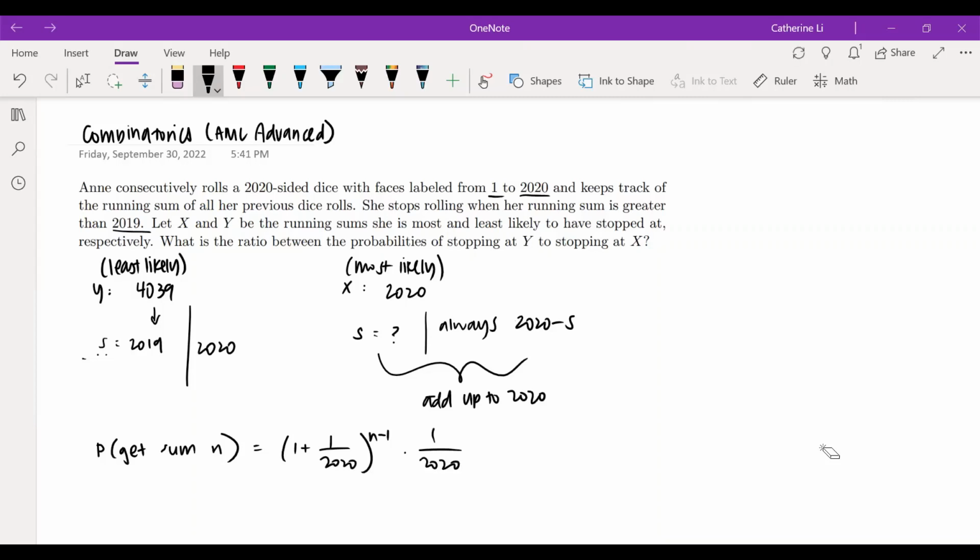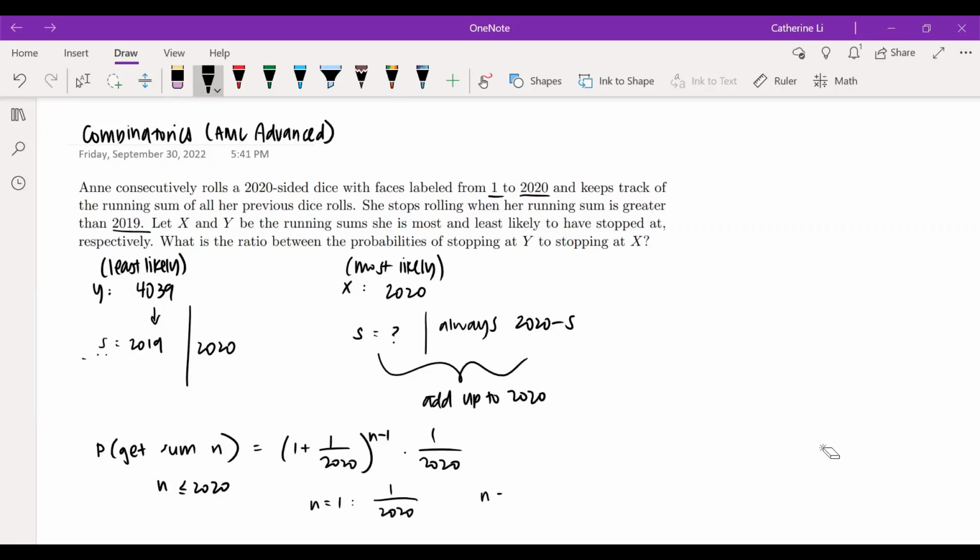And this is true for n at most 2020. So if you think about it, let's start with just n equals 1. The probability that we get a running sum of 1 at some point is just 1/2020.